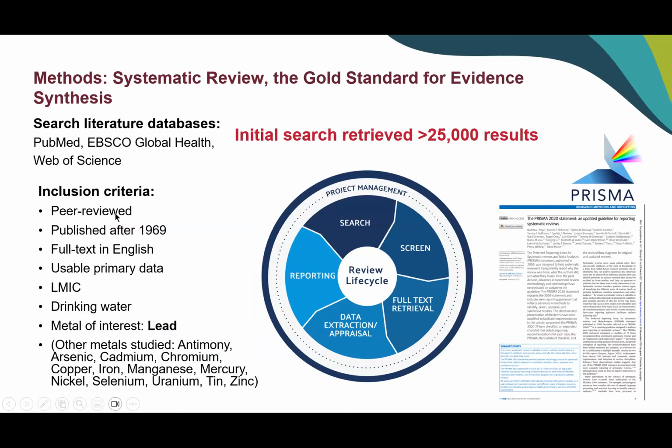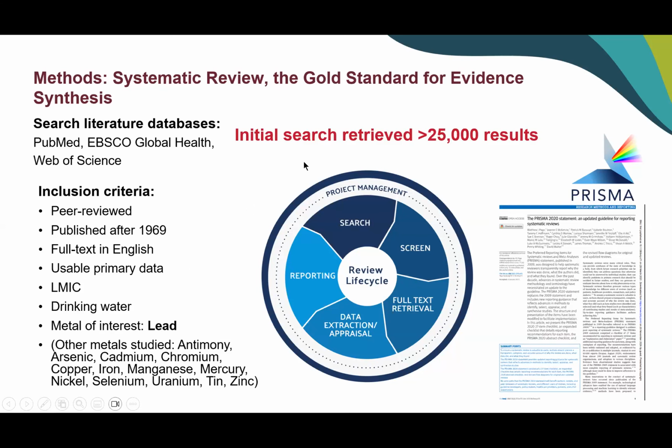I'll just mention that our inclusion criteria included full text articles available in English. While that might seem very narrow for a global systematic review, over recent decades the vast majority of scientific articles published in technical journals worldwide are published in English. So even though we don't capture all of the evidence that way, we get a very large proportion of the available peer-reviewed evidence that's available full text in English.